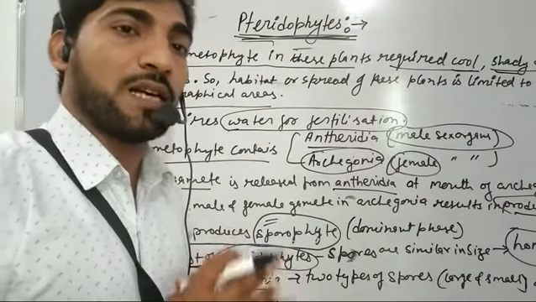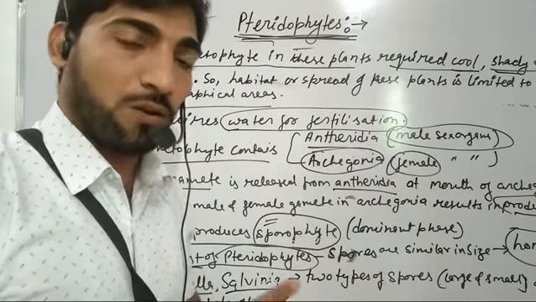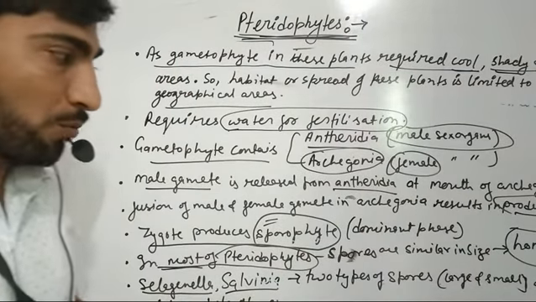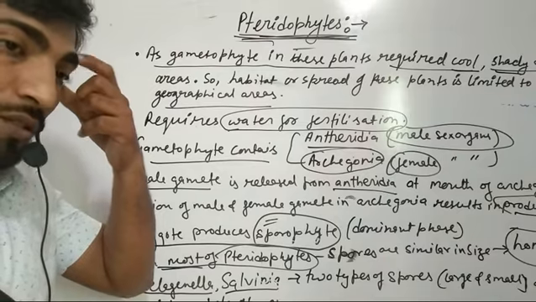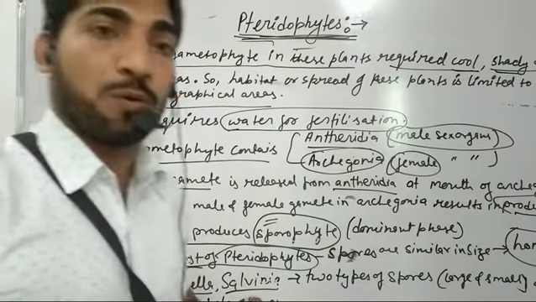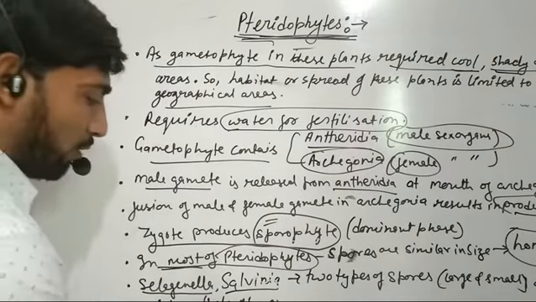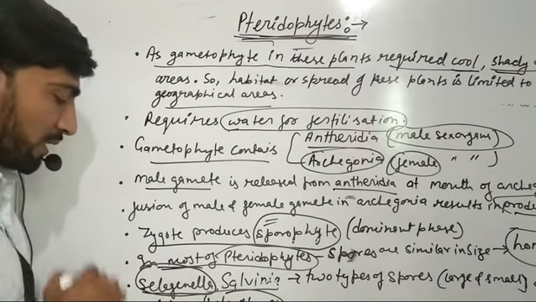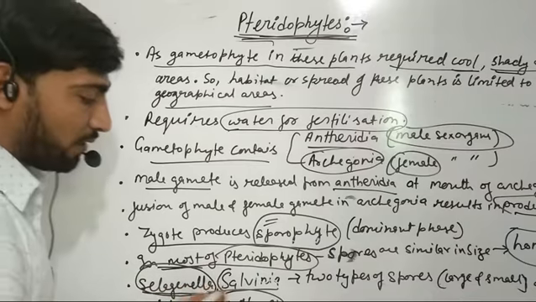One is larger in size, the other is small in size, known as macrospore and microspore. Such spores are known as heterospores, and they are usually found in pteridophytes such as Selaginella and Salvinia.